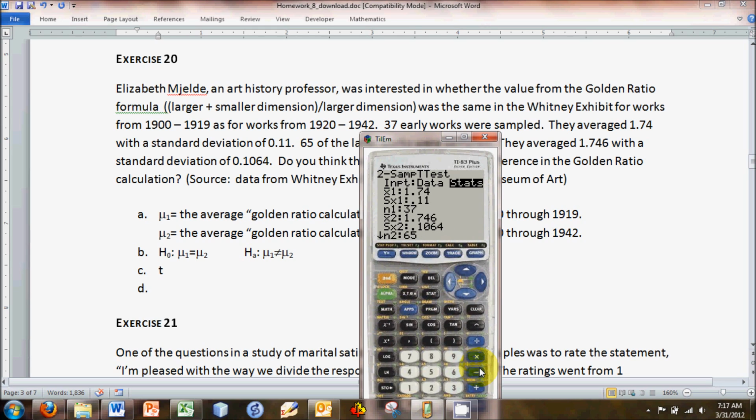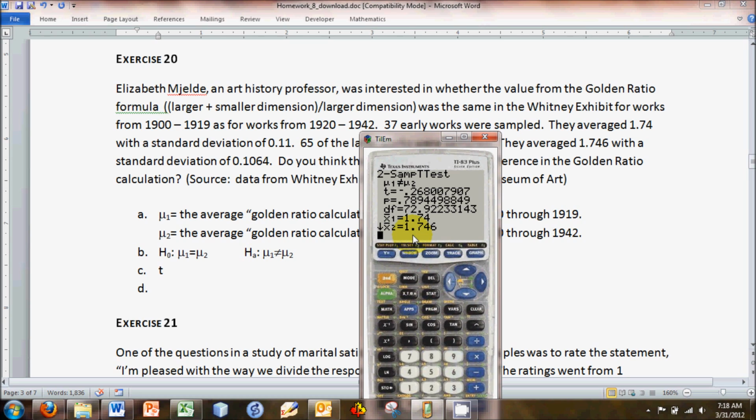There were 65 of those. The alternative hypothesis is not equal to. Notice that not equal to here. I want to make it match on my calculator. The data is pooled, or is not pooled, sorry. We're not going to use pooled data for the standard deviations. Finally, just calculate.